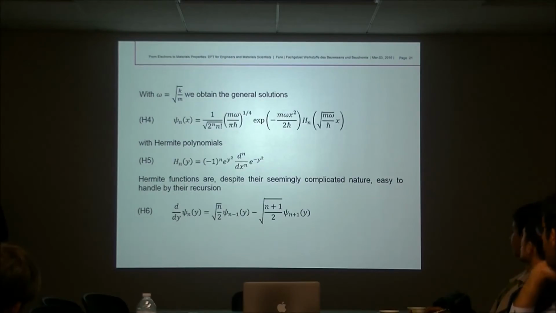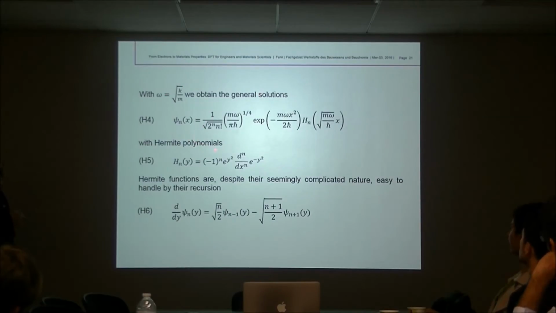And then we obtain Hermite functions. To make life a little easier, we have our frequency, which is the square root of k divided by m, which by the way is the same that you should have obtained with the classical harmonic oscillator. That's your vibration frequency.